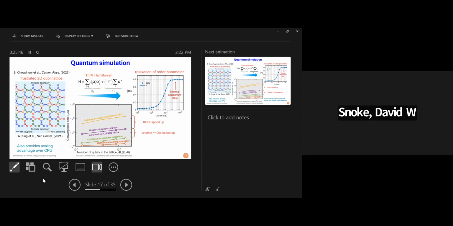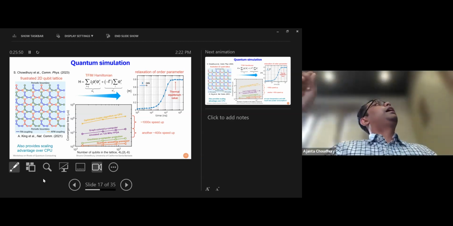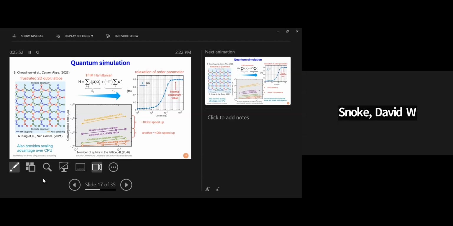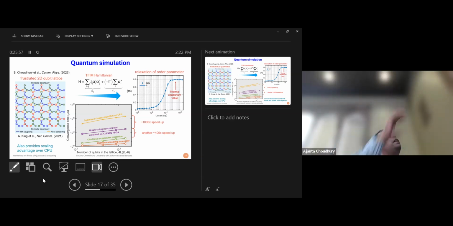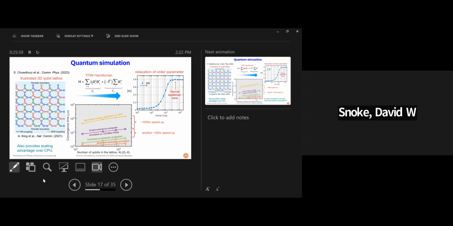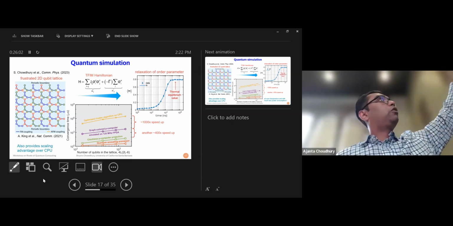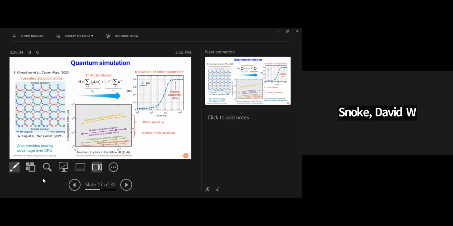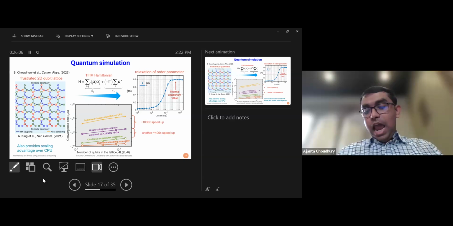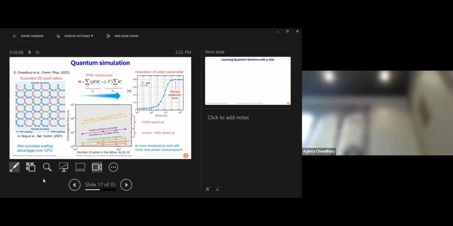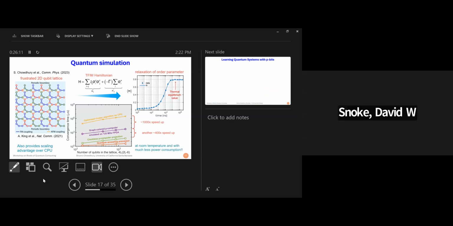And for the P quantum computer, we don't have this data very carefully, so it is a little bit less than O(n), but comparable. So our probabilistic computer also provides a scaling advantage compared to the CPU-based implementation. And you get all this advantage at room temperature and with much less power consumption than the quantum computer.